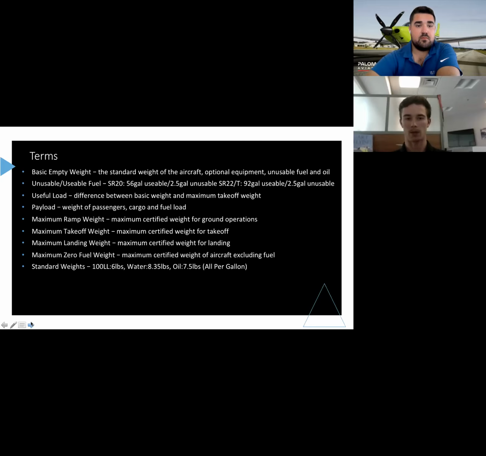Last up, we've got the standard weights. So our aircraft use 100 low lead for fuel, which is 6 pounds per gallon. Water would be 8.35 pounds per gallon, and oil being 7.5 pounds per gallon.